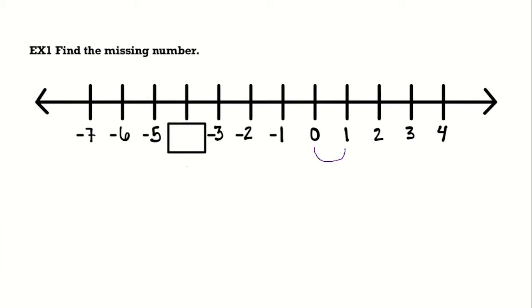So it's 0 to 1, 1 to 2, 2 to 3, and 3 to 4, in which you just have to add 1 every time. So that means from 0, it's 0 to -1, -2, -3. This must be -4.